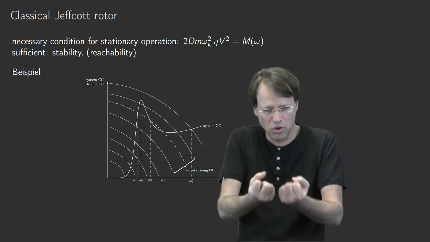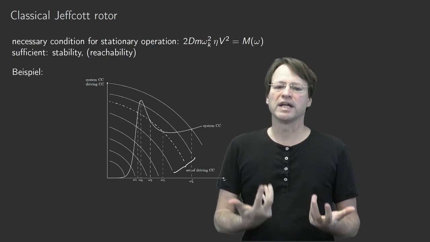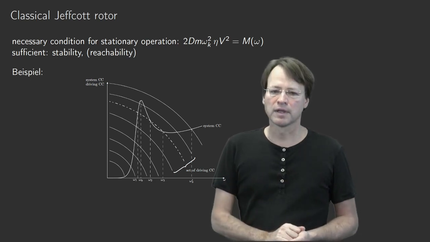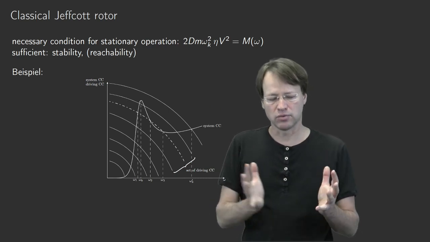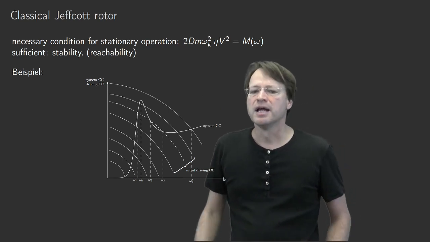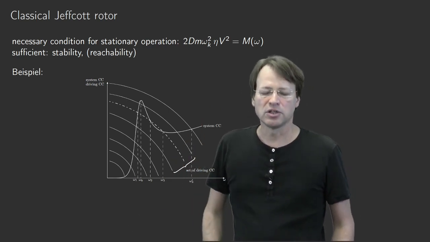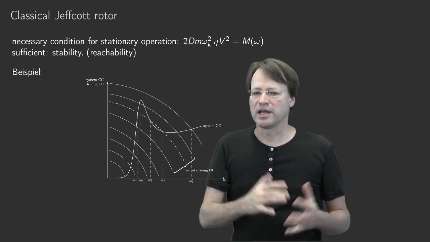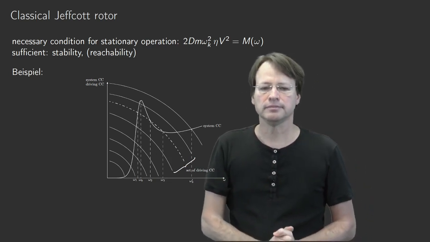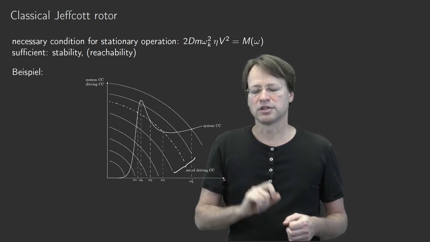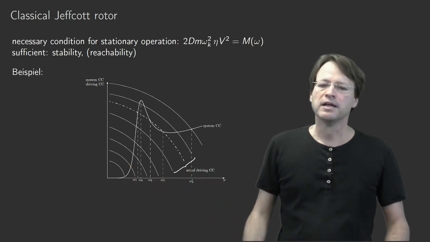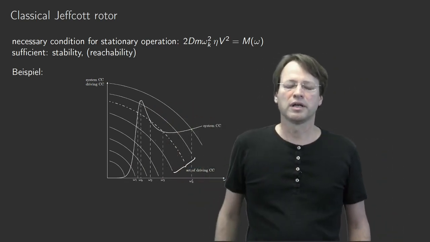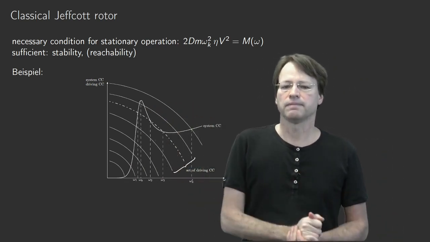The system needs more than your engine provides, which leads to negative values of the angular acceleration. And the negative angular acceleration leads to a reduction of the angular velocity, and thus the angular velocity is decreased again until you reach that balanced state. So that omega 1 is stable.